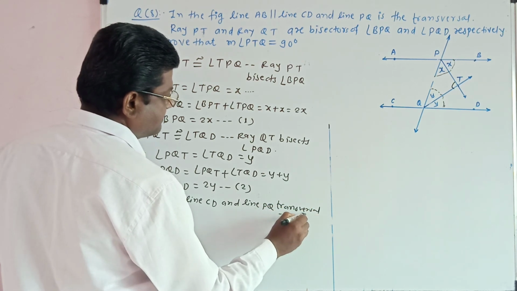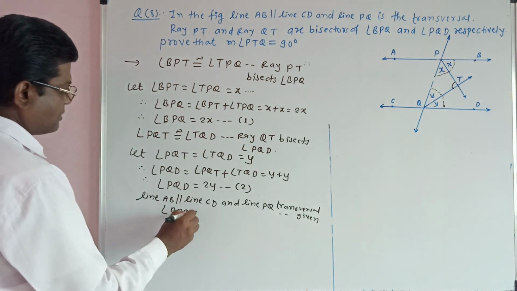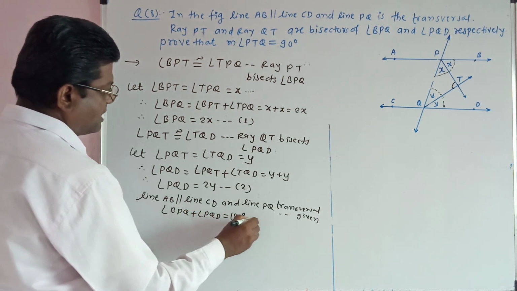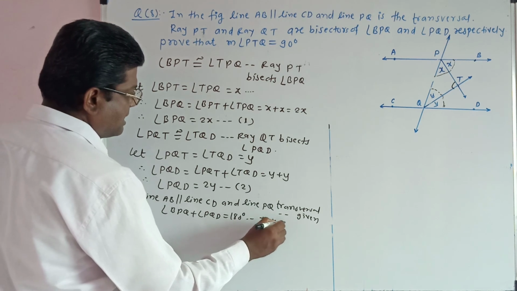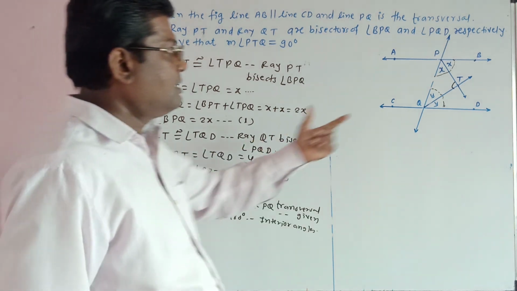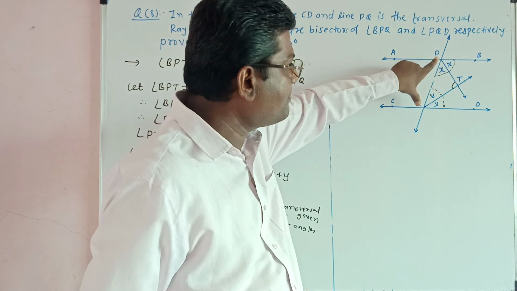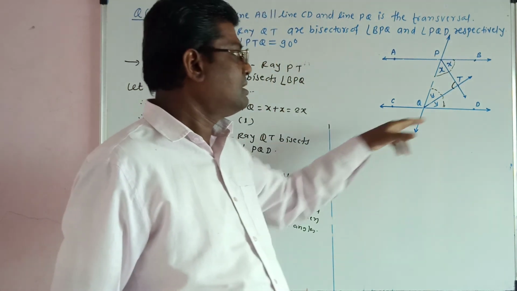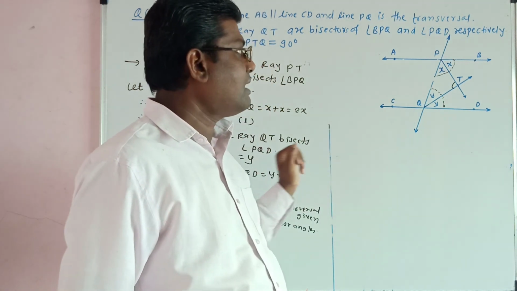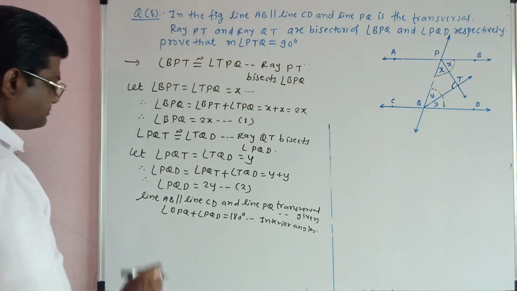It is given. Therefore angle BPQ plus angle PQD is equal to 180 degrees. Interior angles. Line AB is parallel to line CD and line PQ is a transversal. Therefore this angle and this angle are interior angles and the sum of interior angles is 180 degrees.